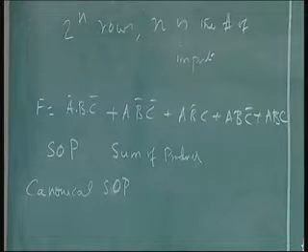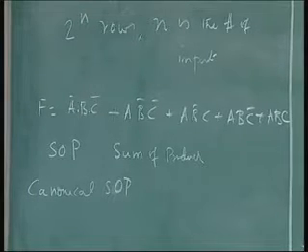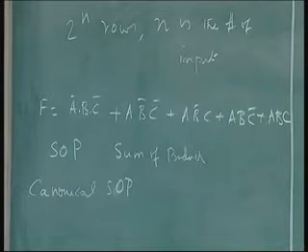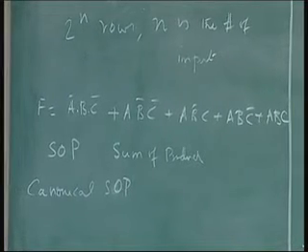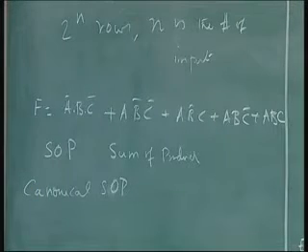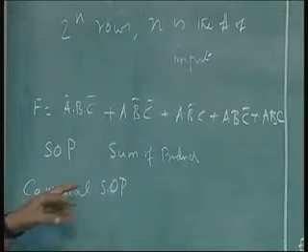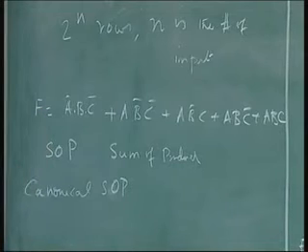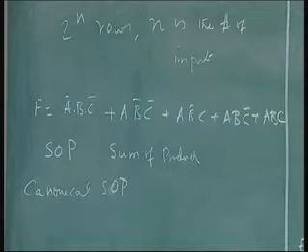If you read the sum of products from a truth table, it will be a canonical sum of products. When you simplify the canonical sum of products, you will get a minimum sum of products. So you first write the truth table, get the canonical sum of products, and then simplify it either by the Boolean algebra way or map methods, and then get the minimum sum of products.